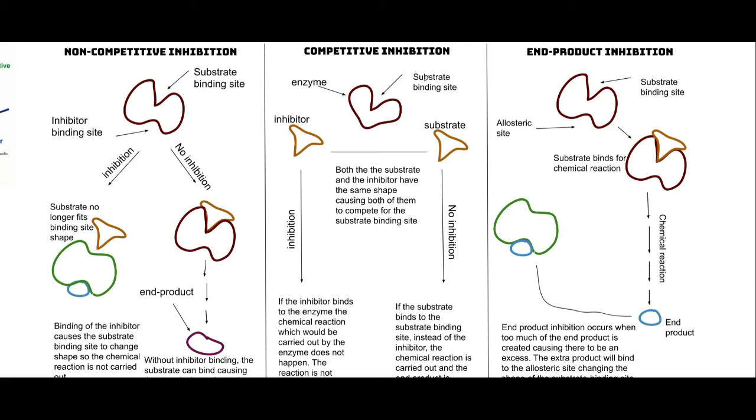Competitive, our inhibitor will actually fit into the binding site and prevent our substrate from entering it. And end product inhibition is what I was just talking about, where we turn this substrate into product, and then the product comes and binds there, and this becomes inhibited.